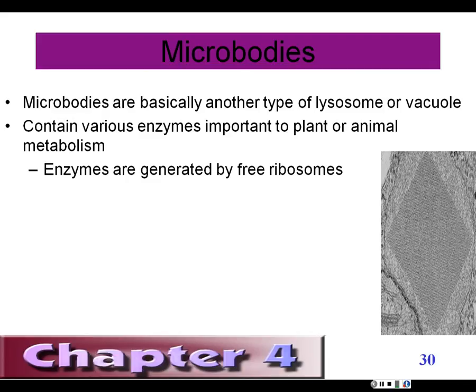They come from free ribosomes that have never been associated with the endoplasmic reticulum. So these ribosomes are basically just floating around in the cytoplasm.